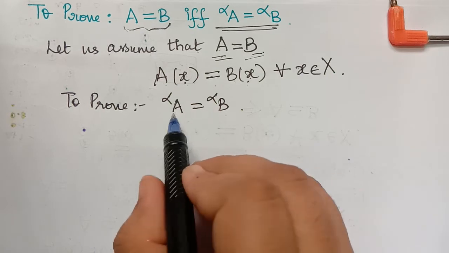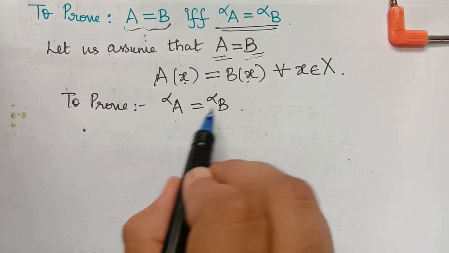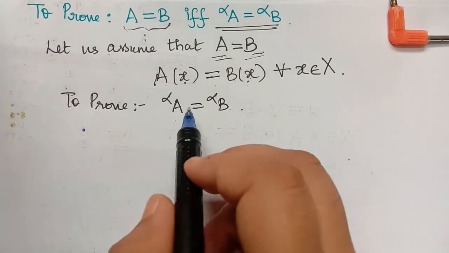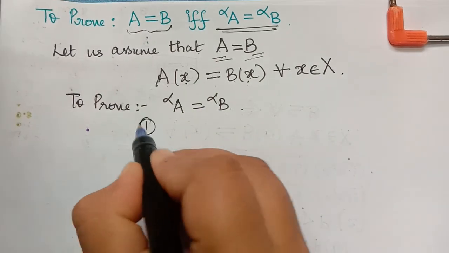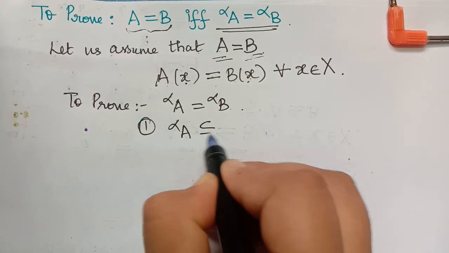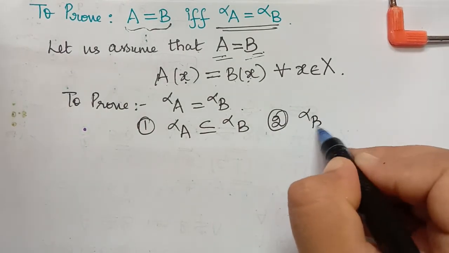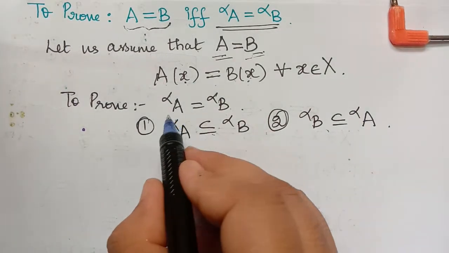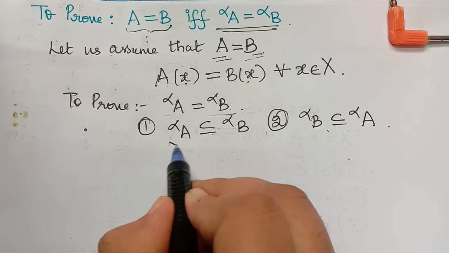By the concept of crisp sets, if we want to prove that two sets are equal, we have to prove that they are subsets of one another. That is, first we have to prove that alpha cut of A is a subset of alpha cut of B, and second that alpha cut of B is a subset of alpha cut of A. By these two we can prove that alpha cut of A is equal to alpha cut of B.